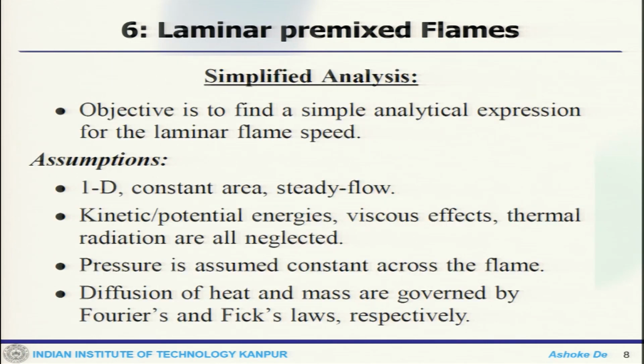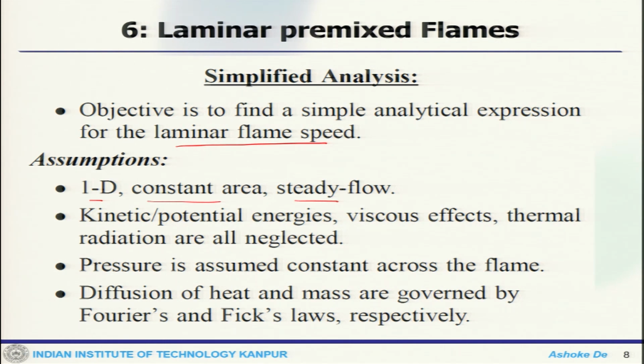So, one can do some simplified analysis here. The whole idea is to find some simple analytical expression for the laminar flame speed or laminar burning velocity, whatever we call it. To do that, any simplified analysis will obviously have some assumptions. First is 1D constant area steady flow, that is number 1.